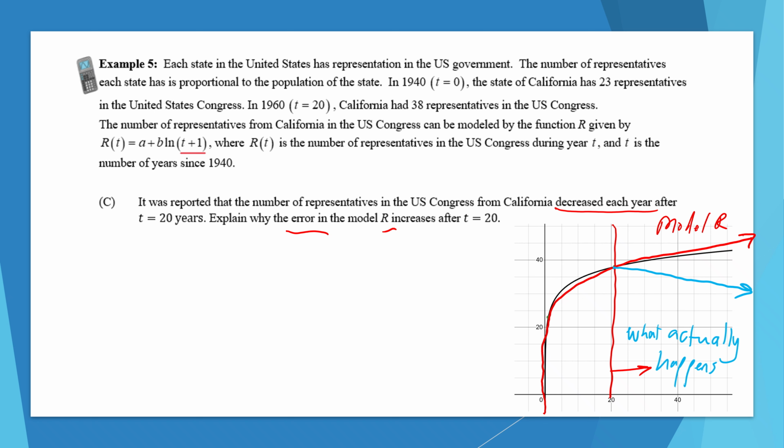And so if we take a look at this, this is going to be our error, the distance between our prediction and what actually happens, right? So let's point this out. You don't have to write this in your answer, but error equals distance between model R and what actually happens.